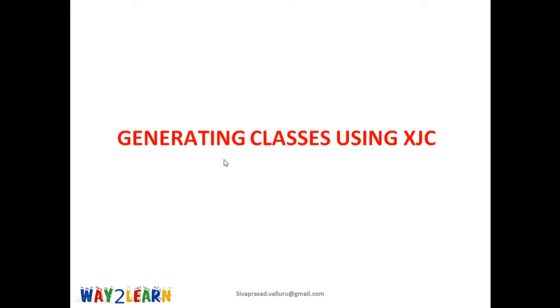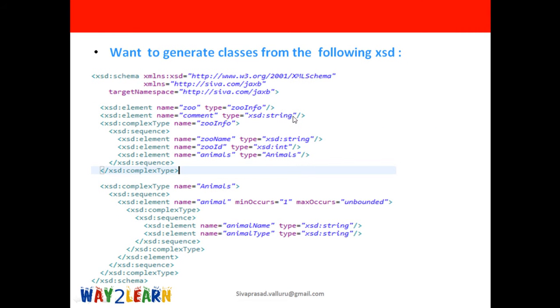Now the next thing is, we'll see how to generate classes from schema. Suppose I have a schema and I want to generate classes from it. How? There's a tool called XJC, the XML Java compiler, present in the JDK bin directory. We can use XJC to generate classes from XSD. Take an example.